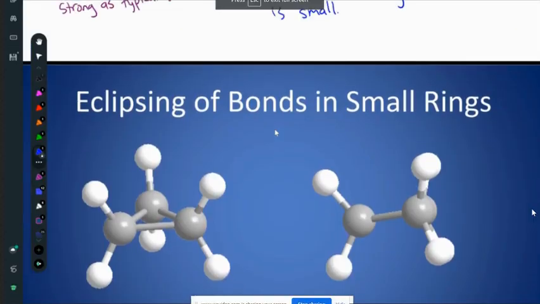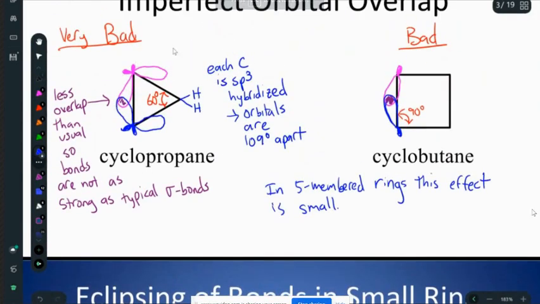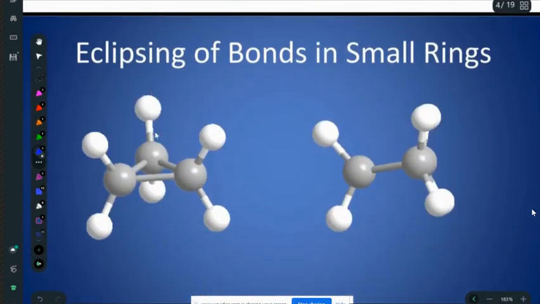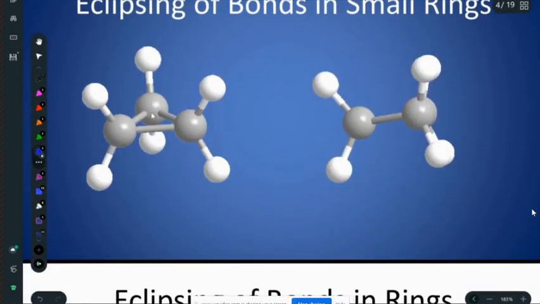The second reason that these rings are relatively unstable is your bonds end up eclipsed. So here I have a model of a 3-membered ring, and notice the 3-membered ring, those 3 atoms are perfectly eclipsed. On the right, I've shown a different view where I've rotated my view, and notice that on the right, that bond is perfectly eclipsed.